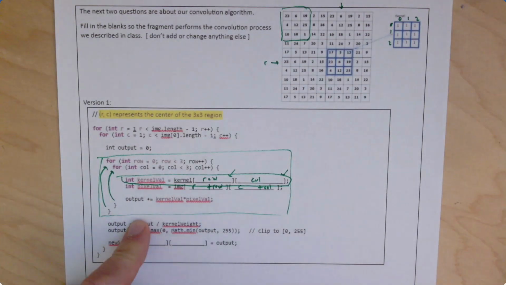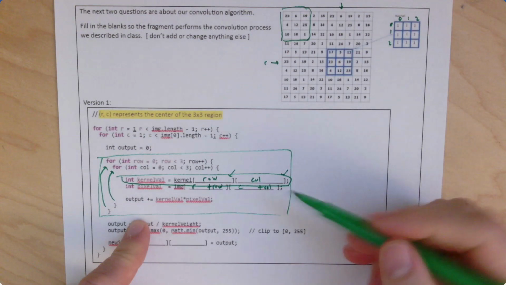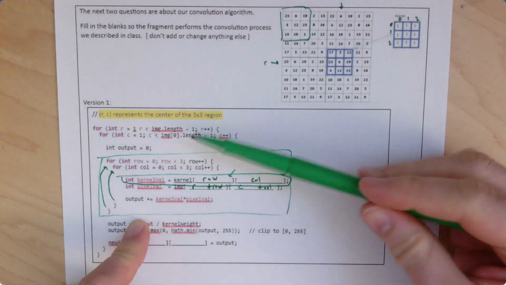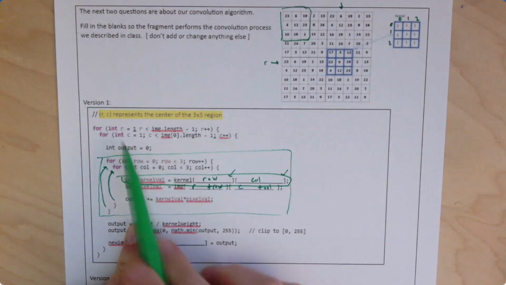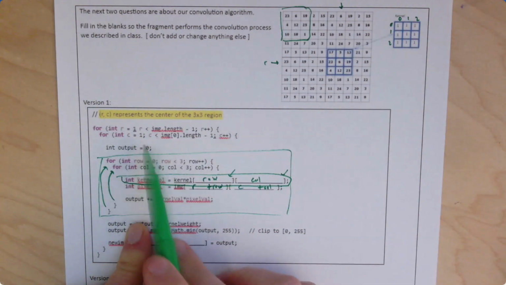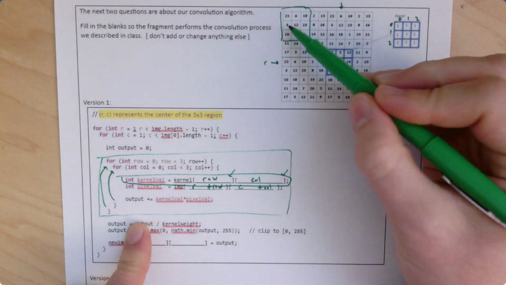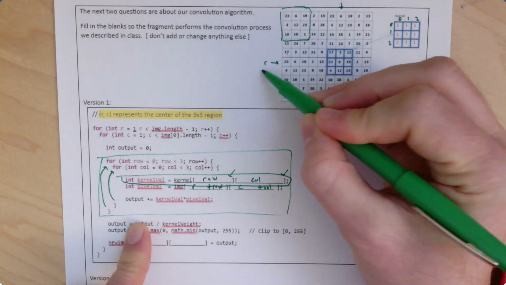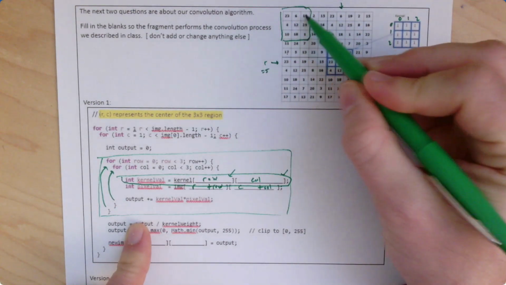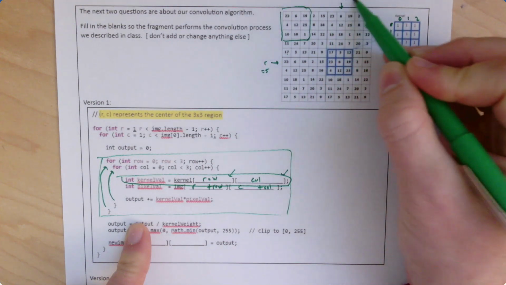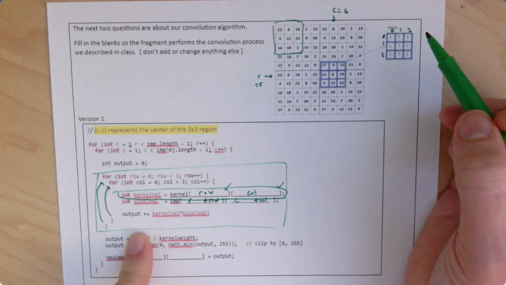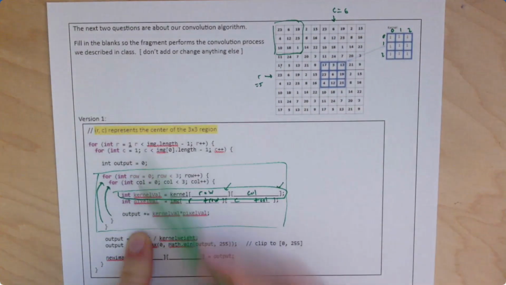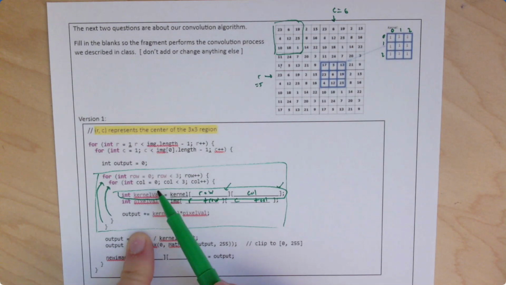A good way of testing to see if it makes sense is by imagining what value it's going to give you the first time you go through the loop. So rather than imagining R is 1 and C is 1, let's imagine that R is 5 and C is 6. When I enter this loop, row is 0 and col is 0.